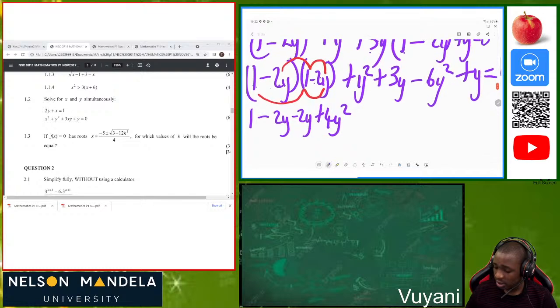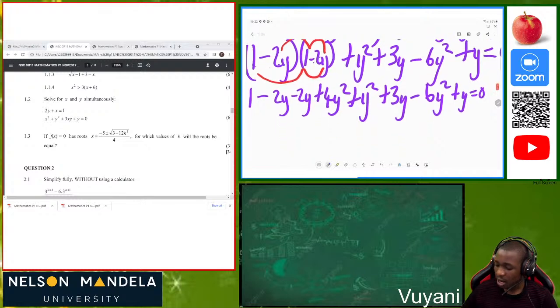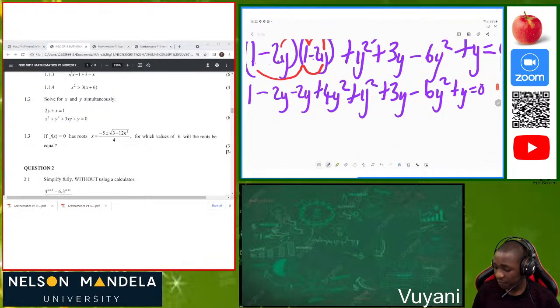Okay, let's proceed. We have 1 minus 2y minus 2y plus 4y squared, plus y squared plus 3y minus 6y squared plus y equal to 0. Now, let's look for like terms. We have 4y squared plus y squared minus 6y squared. When we say 4y squared plus y squared, we get 5y squared. Then 5y squared minus 6y squared, we get negative y squared.